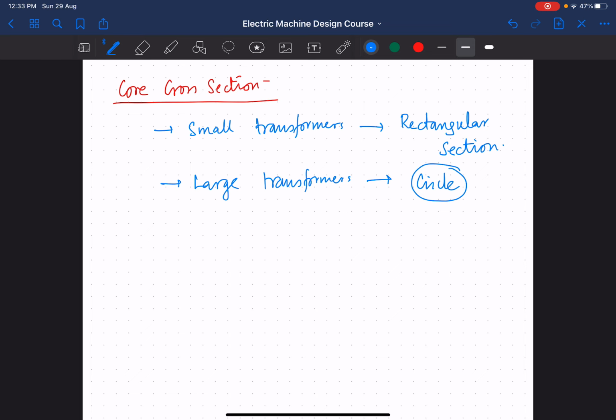And why is that? This is because the circle has minimum periphery for a given area.